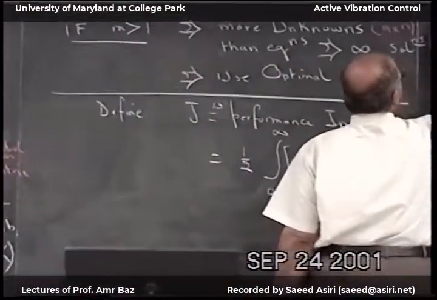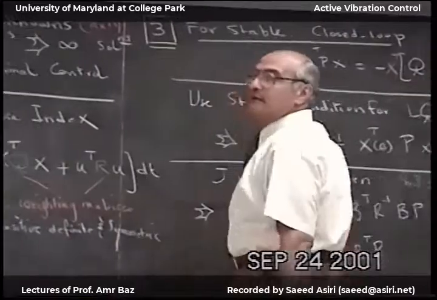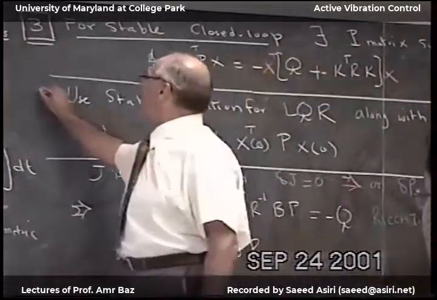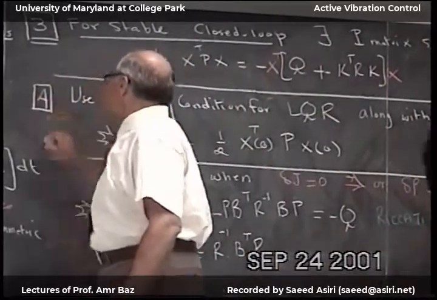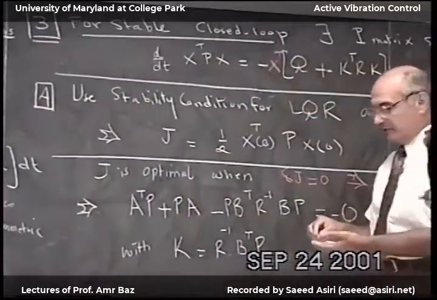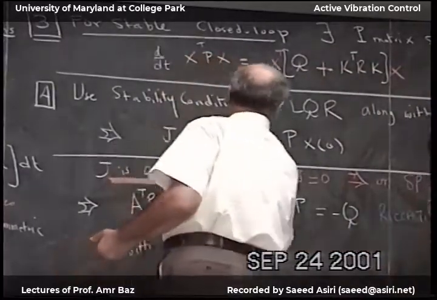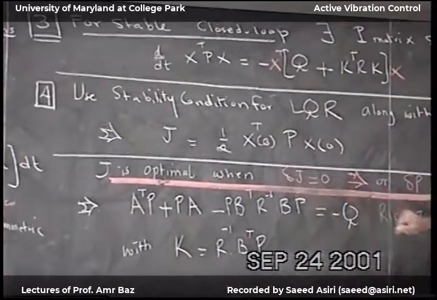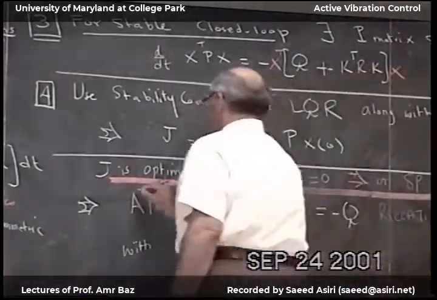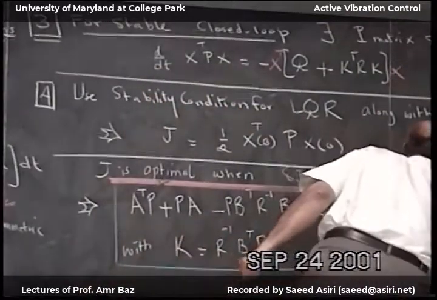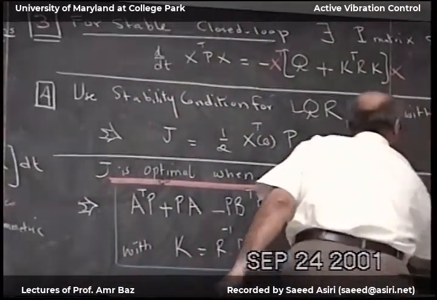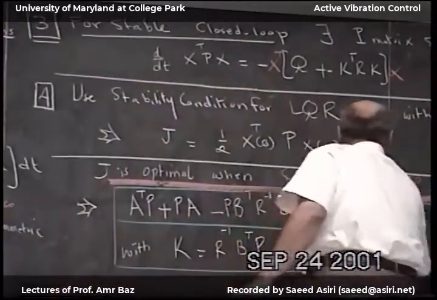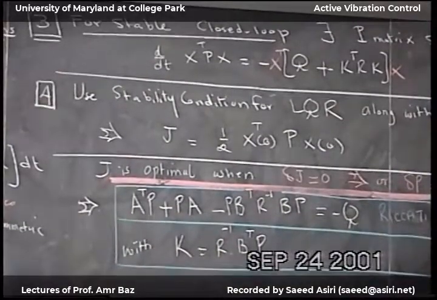Now number 3, the stability condition for the LQR, and when we augment it with the J and get the optimality conditions, then the result is these last 2 equations. That's where we stop.